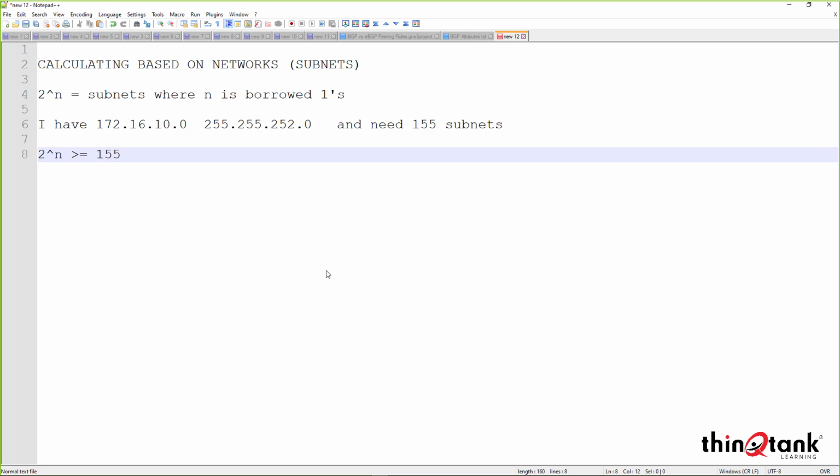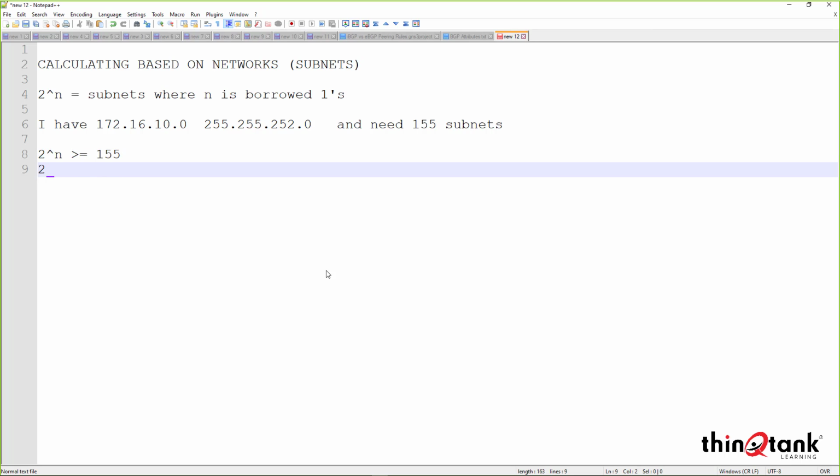That's going to be our number, isn't it? 2 to the power of 8. Agreed? 2 to the power of 8 is equal to 256, which means 8 bits borrowed.